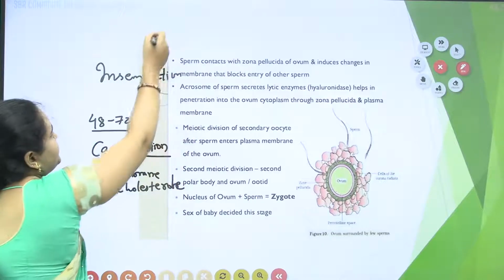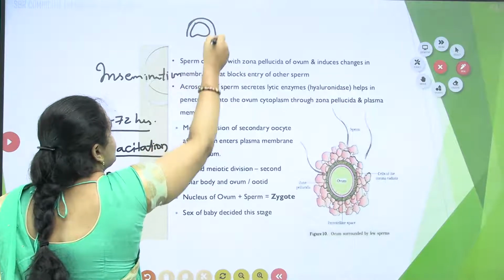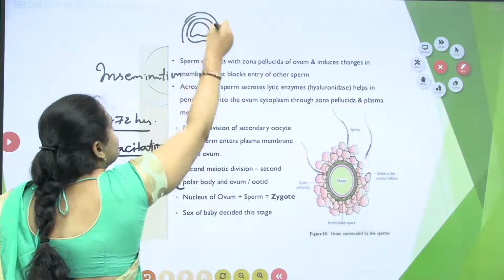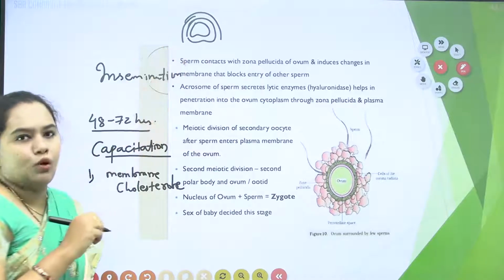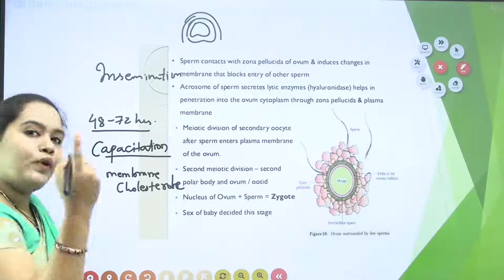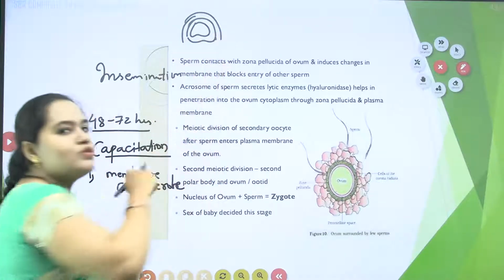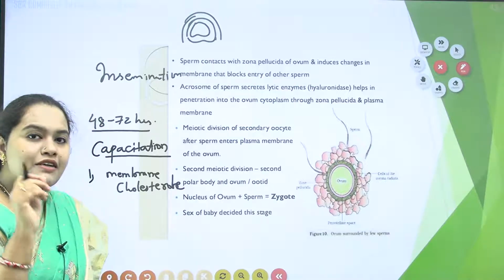So if this is the head, this is the acrosome, and above the acrosome the membrane cholesterol will be there. This layer will get dissolved in capacitation, which in turn weakens the acrosome. This is the first step in capacitation.